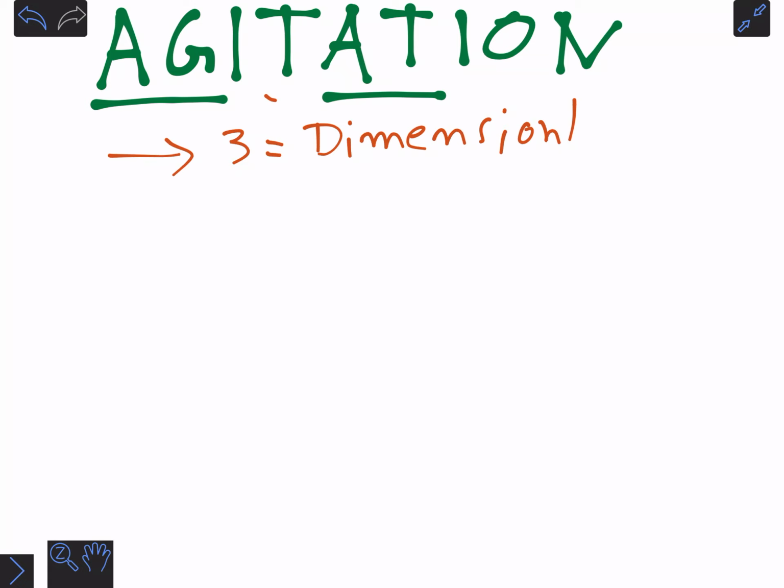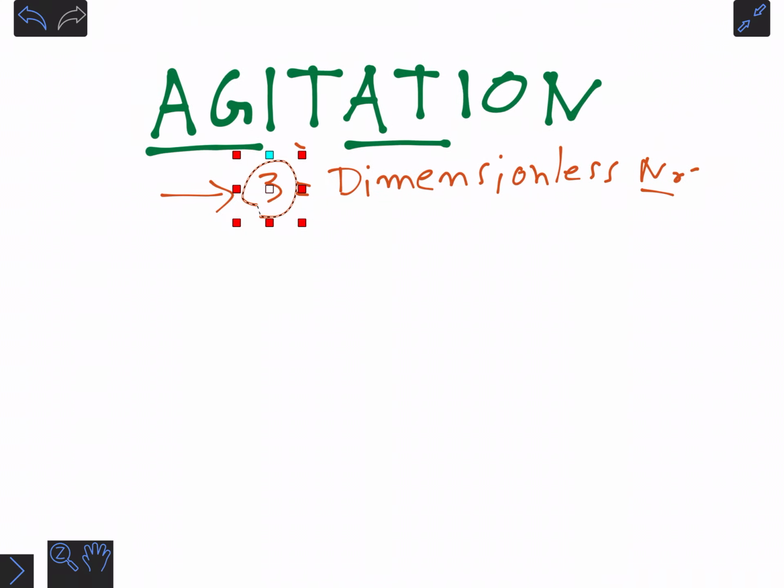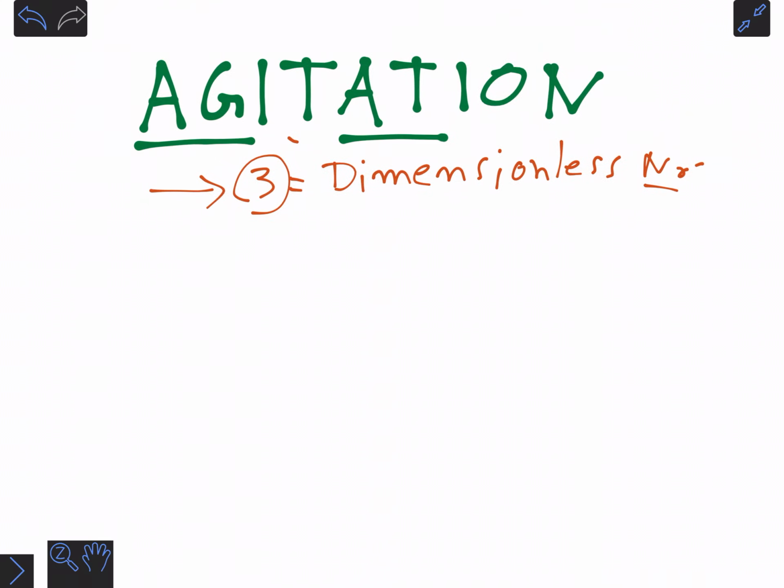Now I will explain what these three dimensionless numbers are. The first is the power number, that is NP.